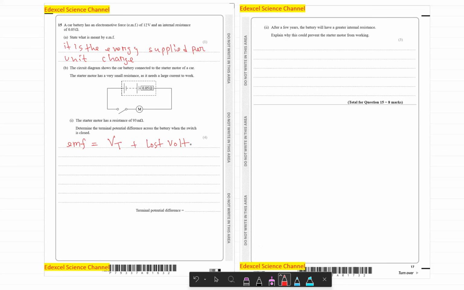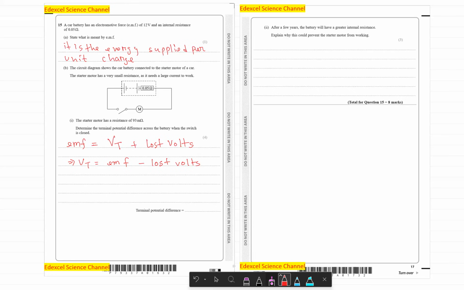The lost volts are the voltage that is being lost due to the internal resistance. Now, I can find out the terminal potential difference by subtracting the lost volts from the EMF. Okay. But how do I find out my lost volts?